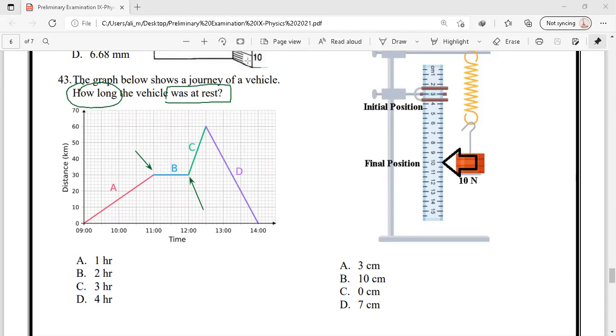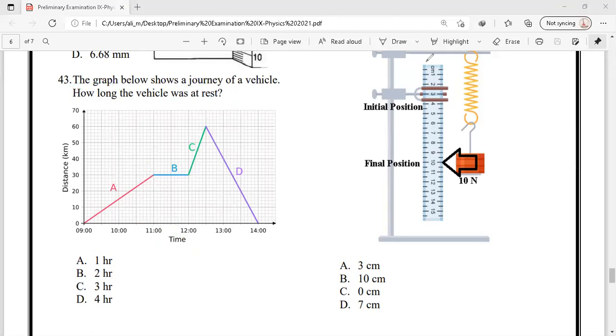The part of this graph that starts at 11 and ends at 12 shows that the body is at rest. So the difference of this time is 1 hour. So we can say that the body was in the state of rest for 1 hour. Option A is the correct answer.